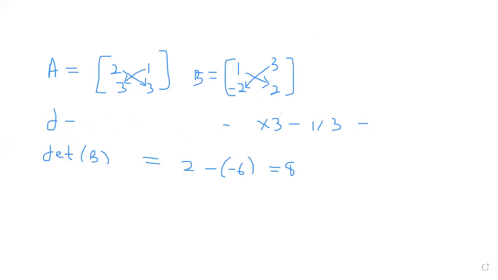An example will be the matrix C, which is 2, 3, 1. Then we have 3, negative 5, 2, and let's have 1, 2, and 3.